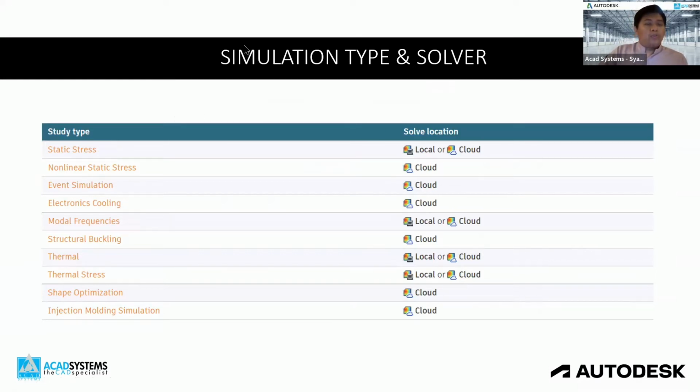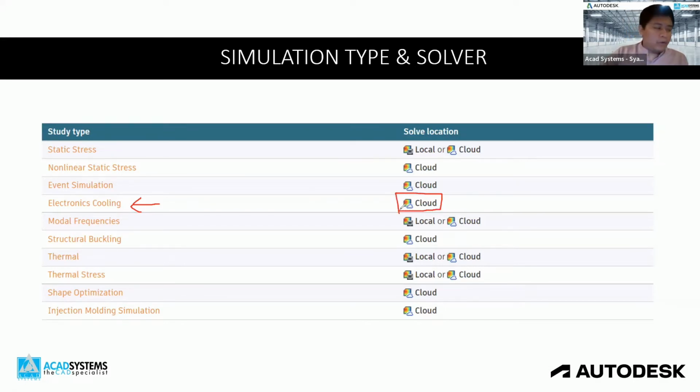Okay, so if you want to know about the simulation type and solver, if you are creating the static stress, you can solve the simulation using either local or cloud. For our focus today, we want to do electronic cooling, and we are only able to use a cloud-based solver.